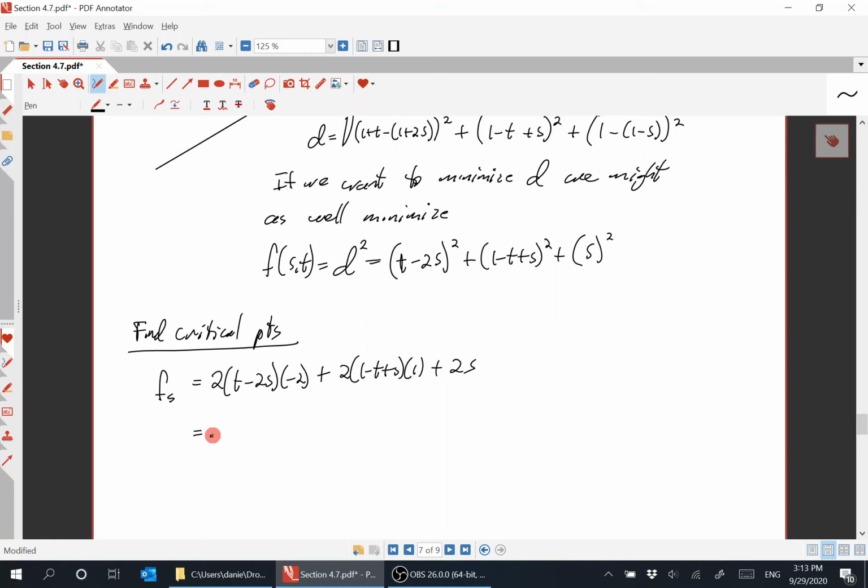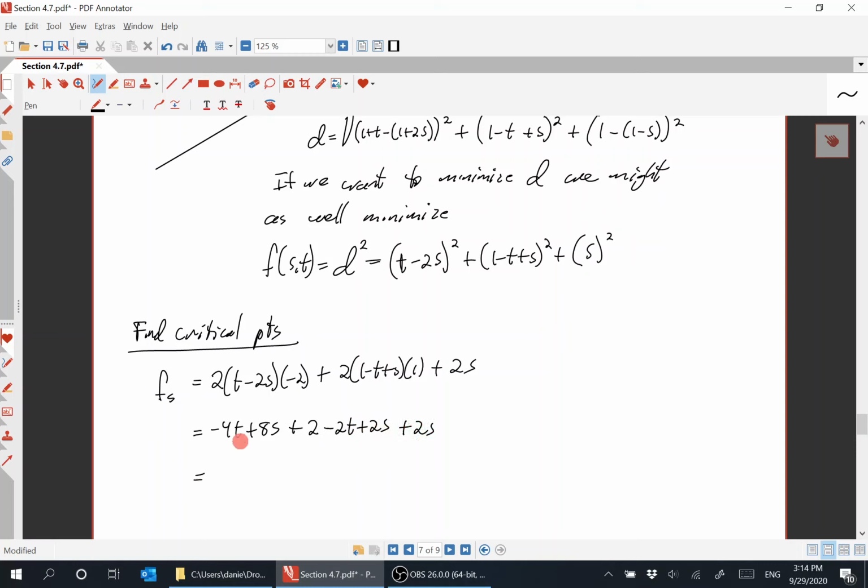So this is minus 4t plus 8s, plus 2 minus 2t plus 2s plus 2s.